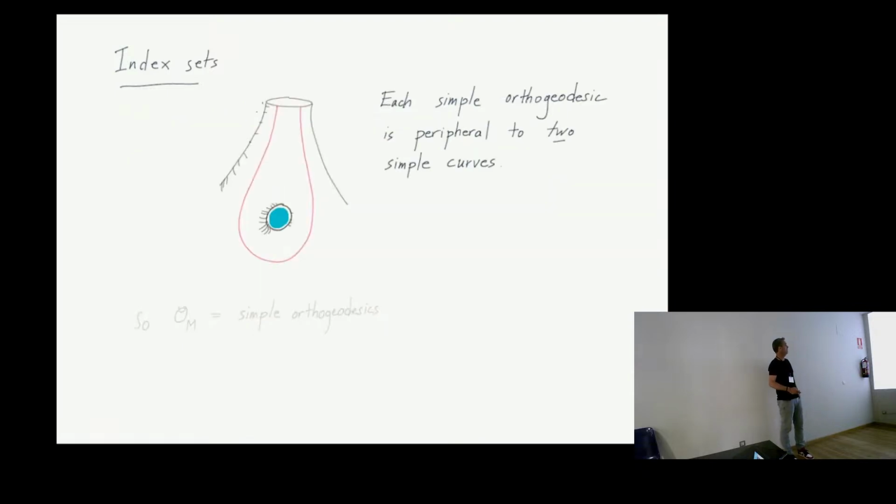So now I look at a simple orthogeodesic, and I'm saying that it's peripheral to two simple curves. So what are those simple curves? They're the simple curves that I get just by adding in that bit, and then I get a curve there, or adding the other bit, and then I get that curve. So it's peripheral to both simple curves. I shouldn't be saying all of this with orientation, but this is also true.